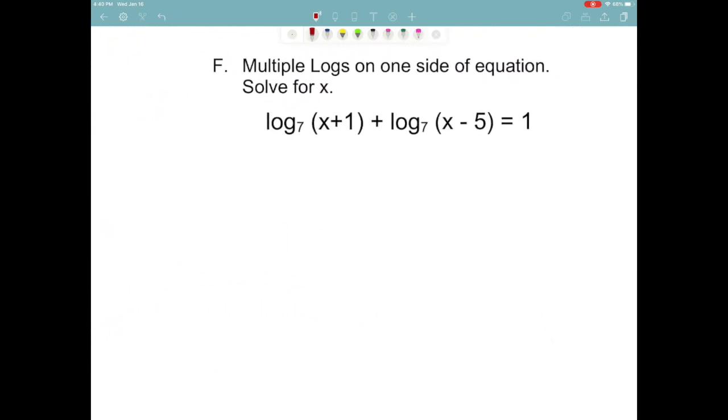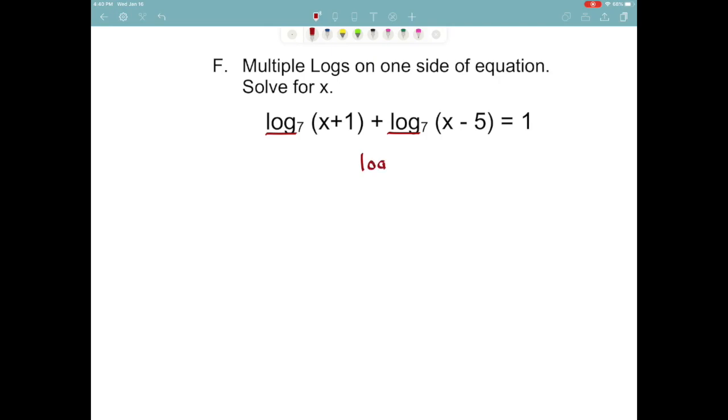For this one, you'll notice you have multiple logs on one side, but you only have logs on one side, so that introduces a different approach for solving this equation. The first thing we need to do is the same as the others. We've got multiple logs on the same side of the equation. We need to use those properties to combine those.